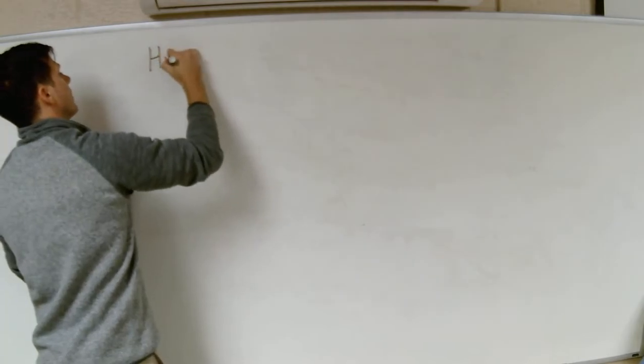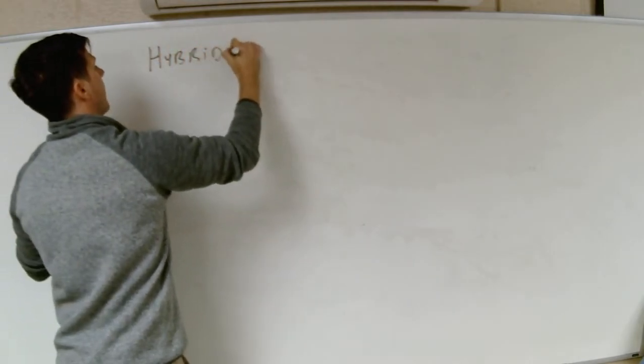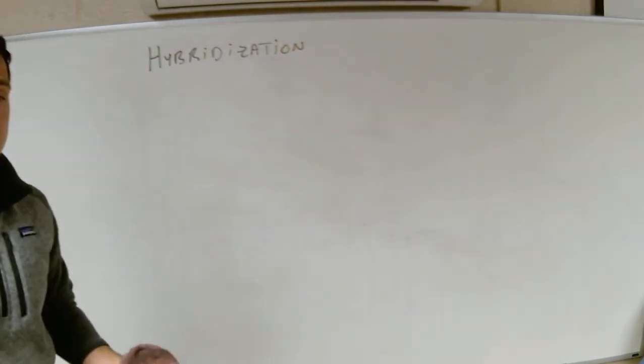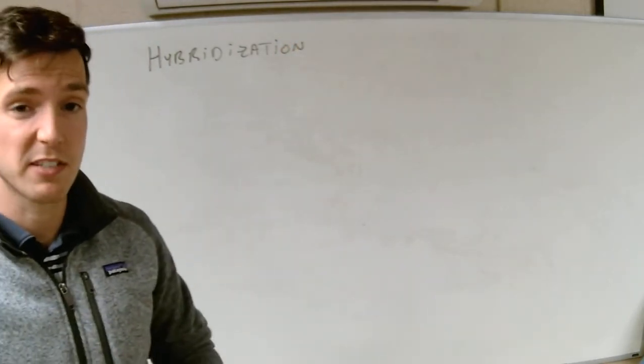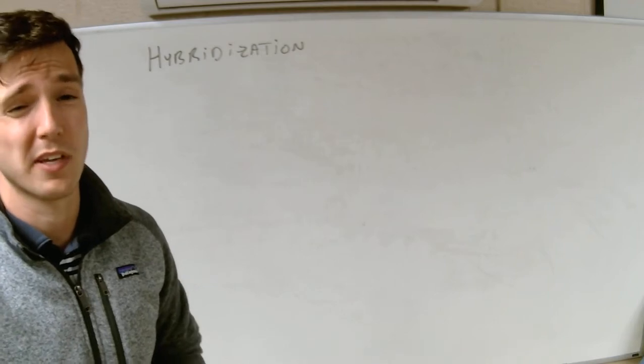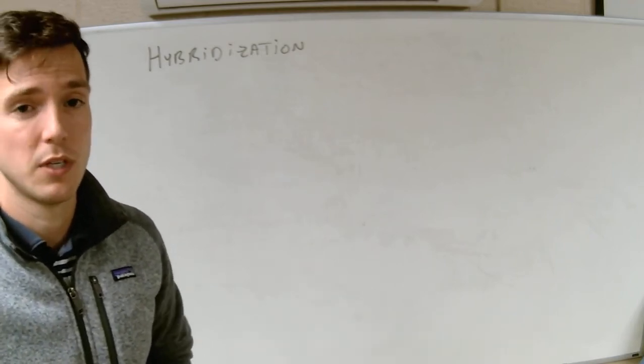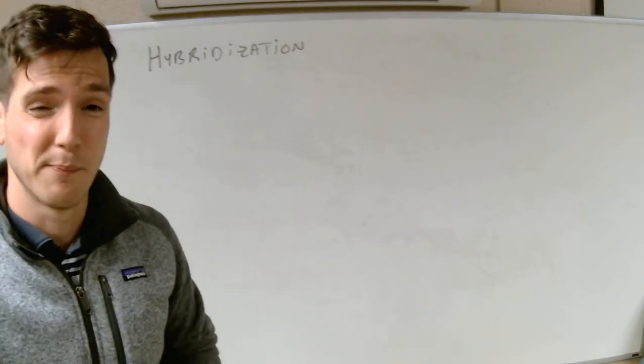Hybridization. All hybridization is, it's just the mixing of orbitals. It's kind of like when you take a poodle and a Labrador and you get a Labradoodle. Well, this isn't as cute or as fun. This is mixing orbitals.